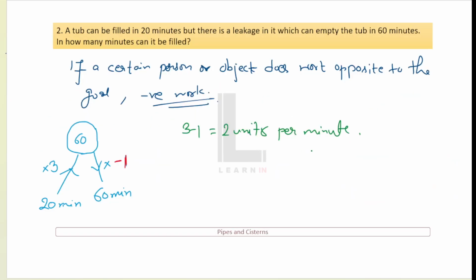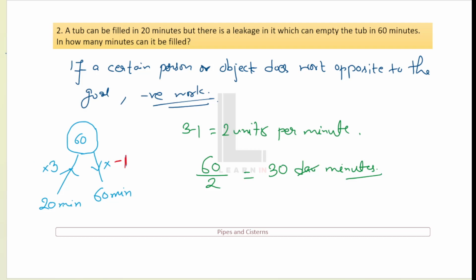Yes, this was days, this is minutes, right? Okay, now since this is 2 units per minute, what would be the time taken to do the work? It is easy to ascertain right now, right? 60 upon 2, that is 30 days. Not days, minutes. Always remember this, right?